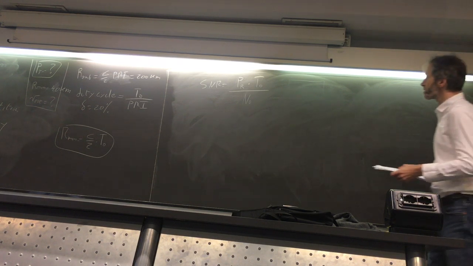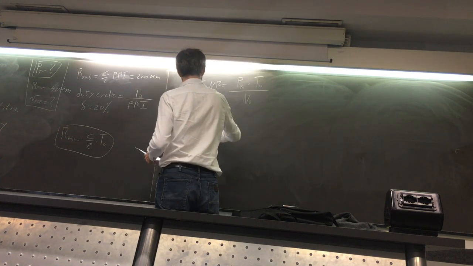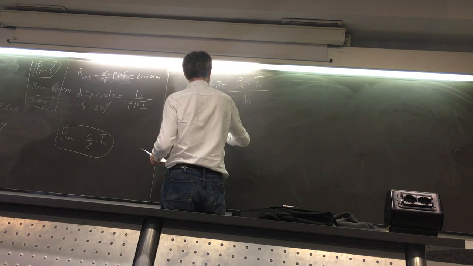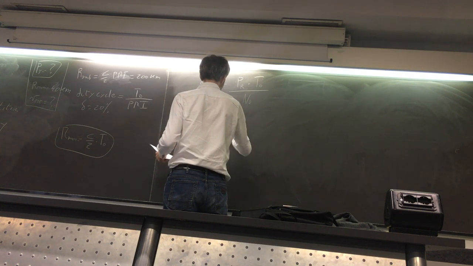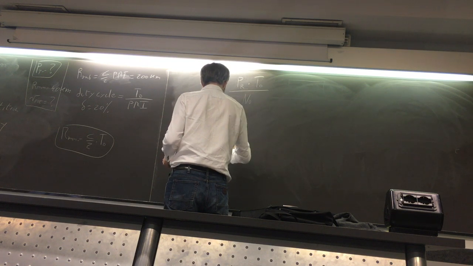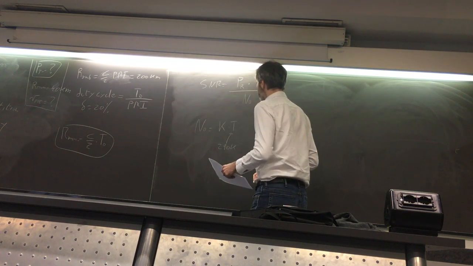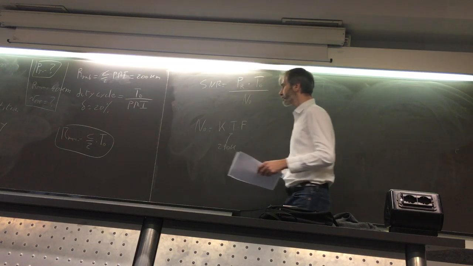In this case, N0 is the Boltzmann constant times the temperature. You can just assume here 290 Kelvin, unless otherwise specified, times the noise figure.